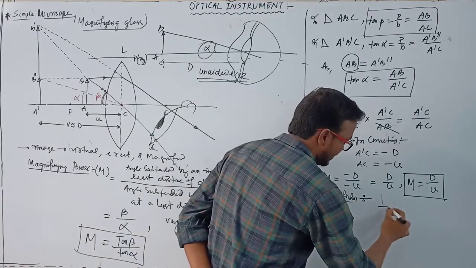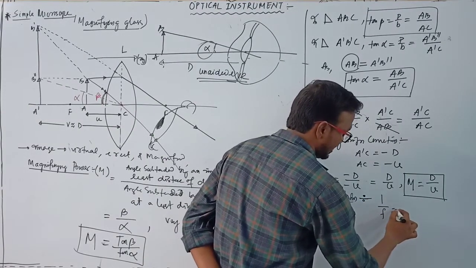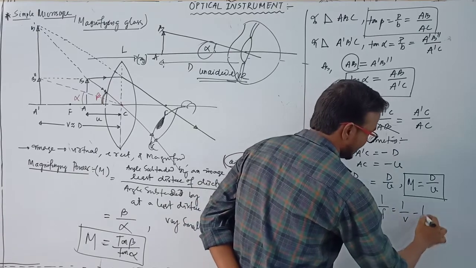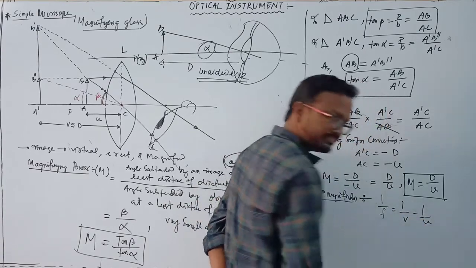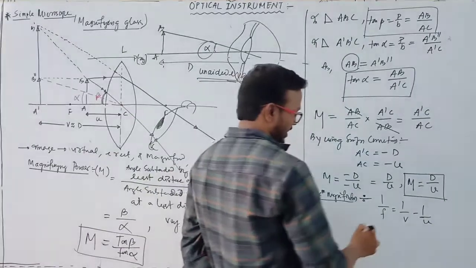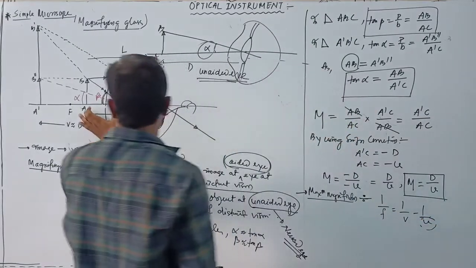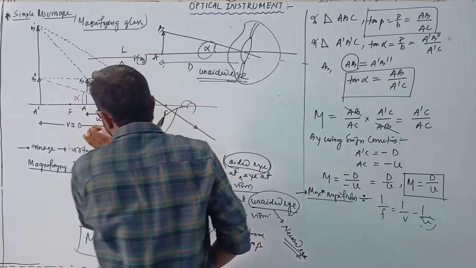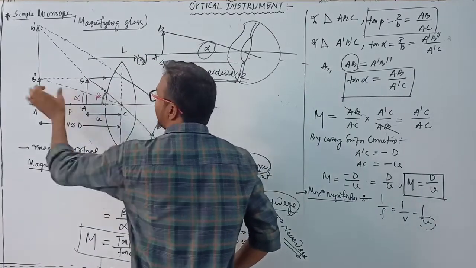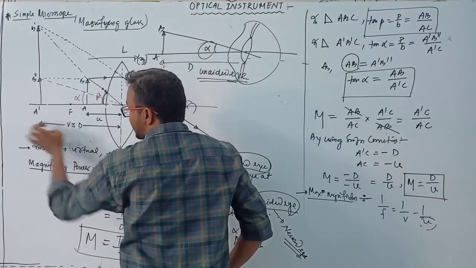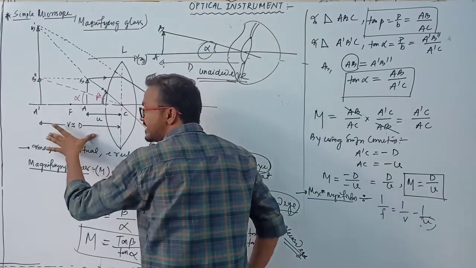We already have the lens formula, 1 by f equals 1 by v minus 1 by u. Clear? Initially the object is situated at this distance, and we have to adjust the lens in such a way that the image is placed at the least distance of distinct vision.